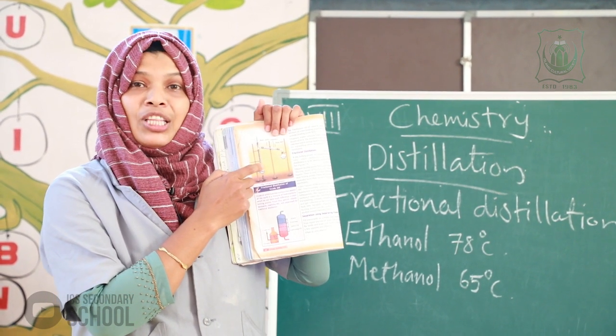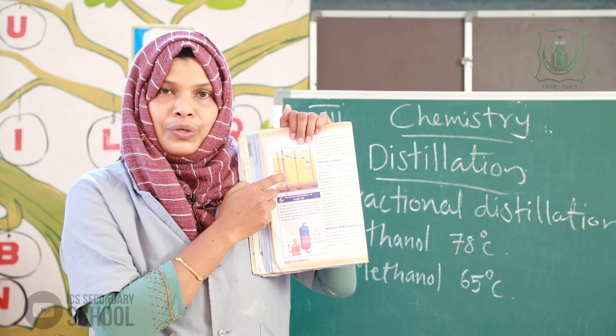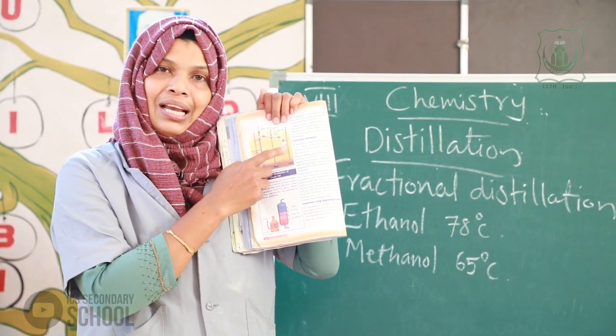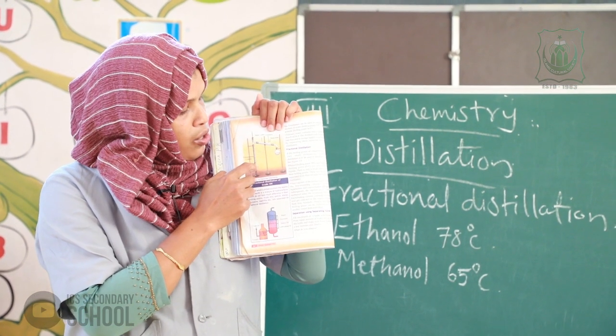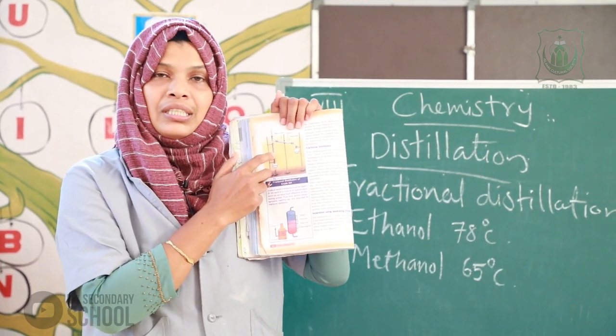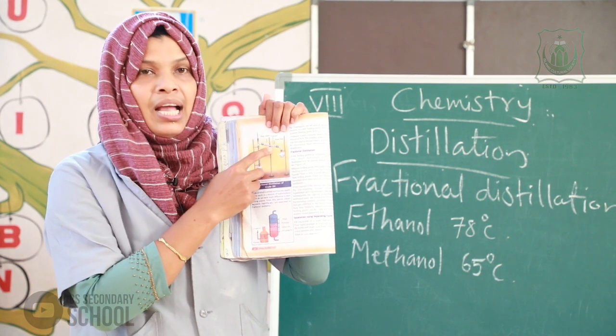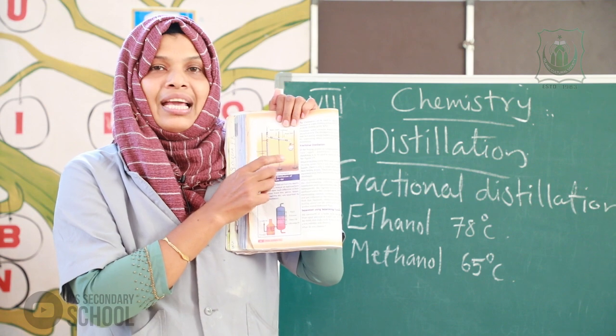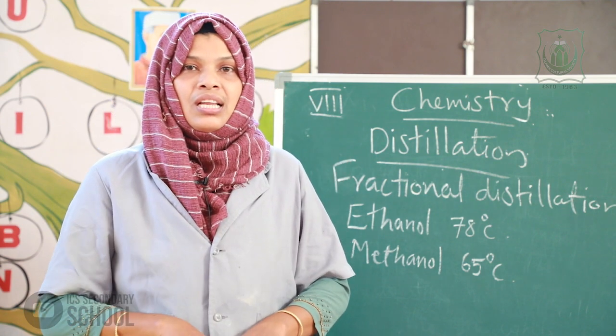Then methanol with a low boiling point enters the condenser and we can collect it. Then ethanol with a high boiling point enters the condenser and we can collect it. This is known as fractional distillation.